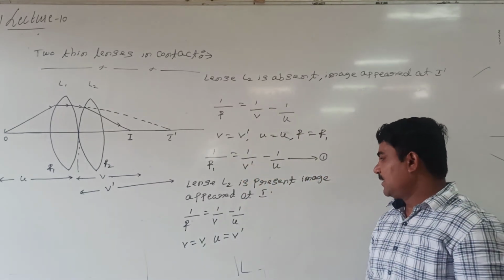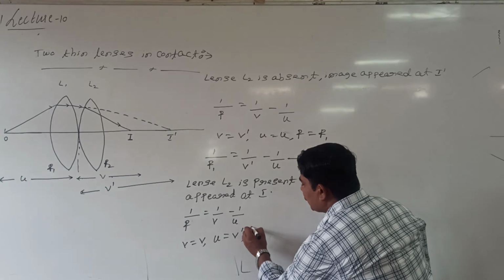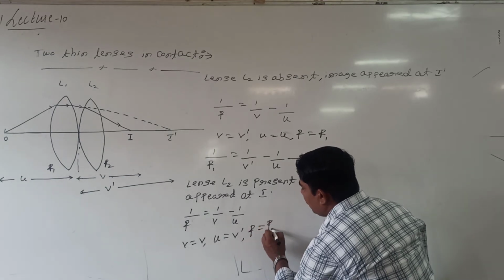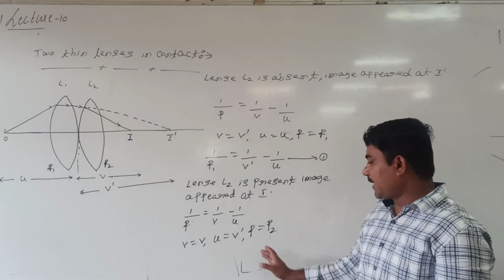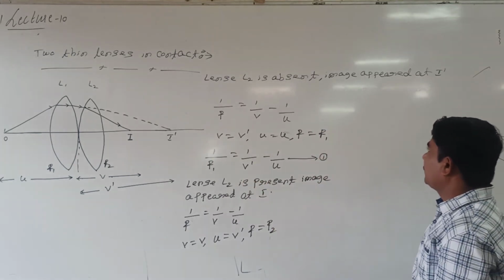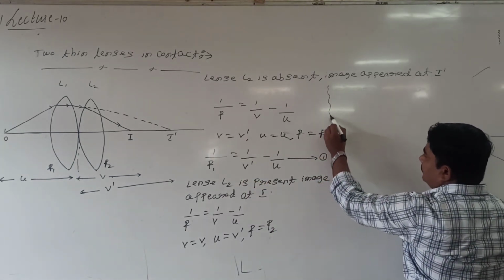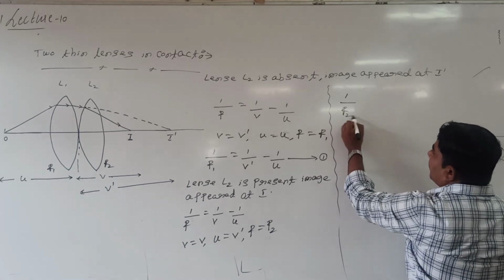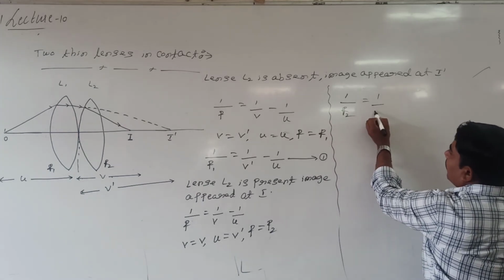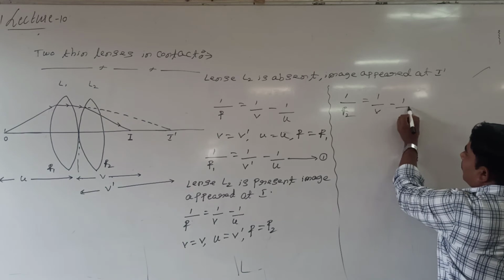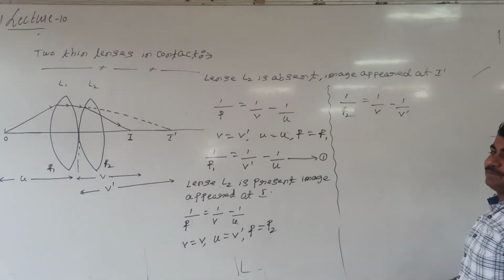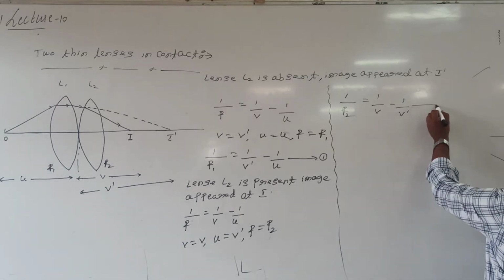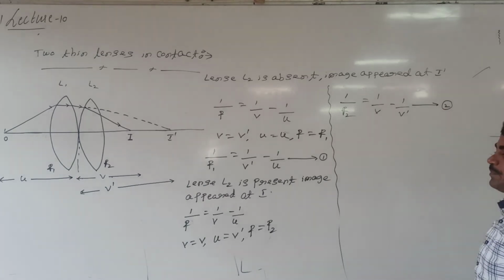And this lens L2 has focal length of what value? F2 value. By taking all these values, what about this equation again? Shall I write? Look at me. 1 divided by F2 is equal to 1 divided by V, keep it the same, minus 1 divided by V dash. Now I can take this as equation number 2.